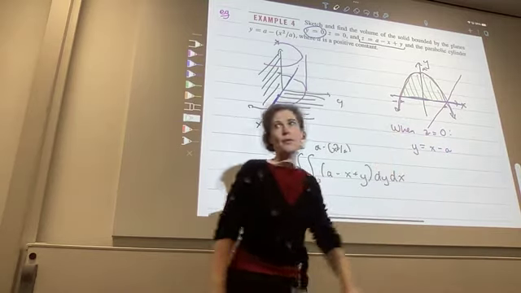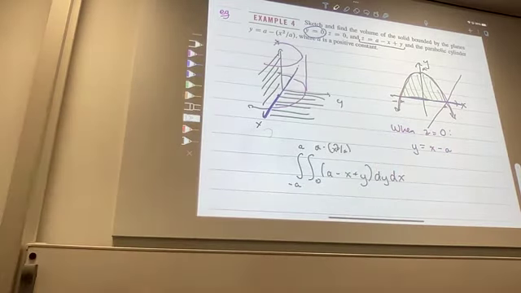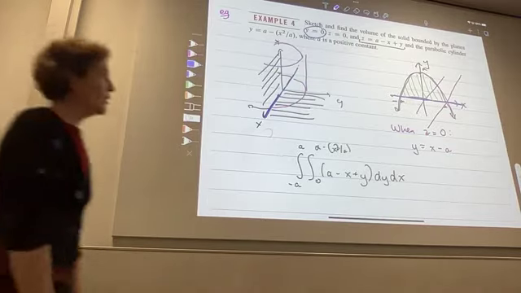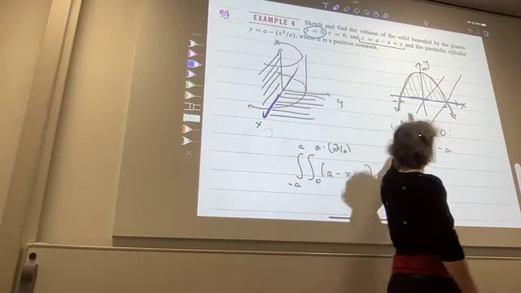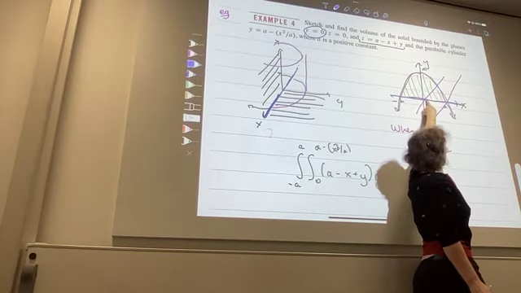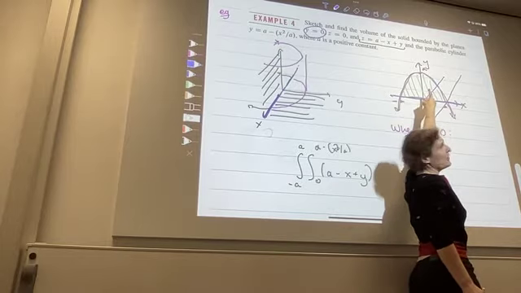If the plane had been cutting somewhere in the middle of the curve, I should have looked for the intersection between the curve and the plane too, right? Right, if the plane was cutting here, then it becomes a nuisance, and what I would do is integrate from here to here, and then I'd have another integral where the blue was the y limit going to the purple y limit.